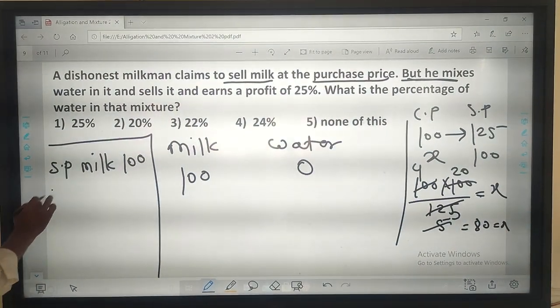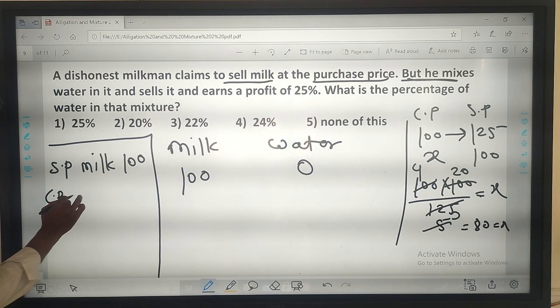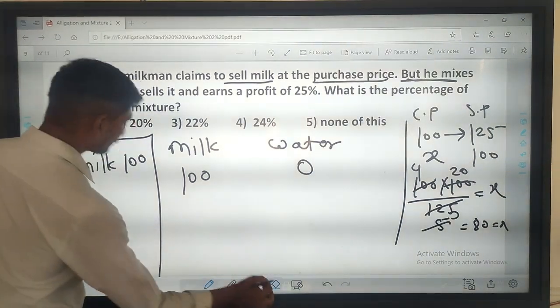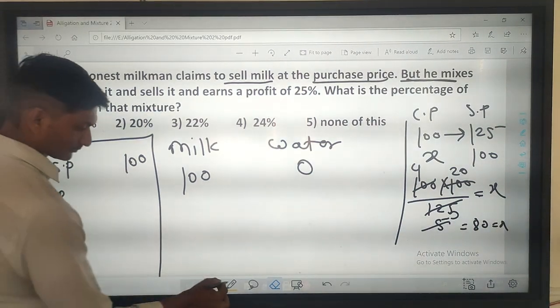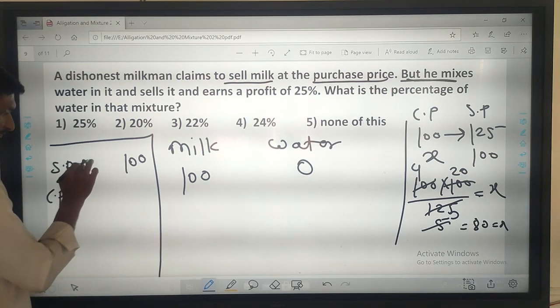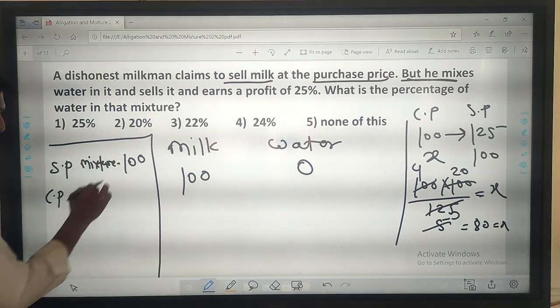Then we write directly: the cost price of the mixture is 100.